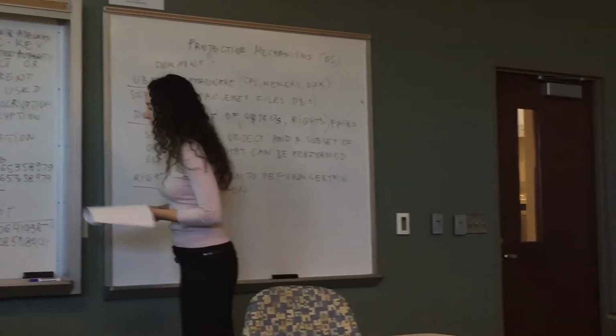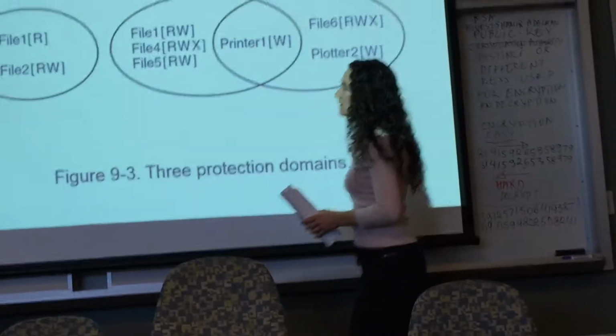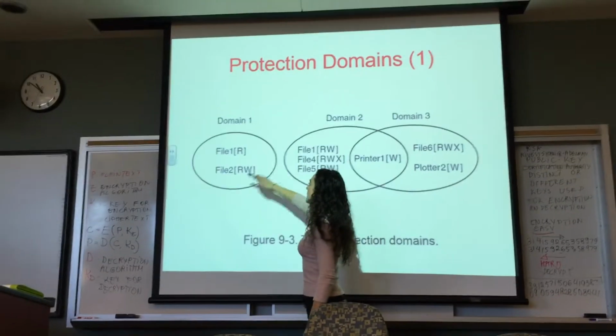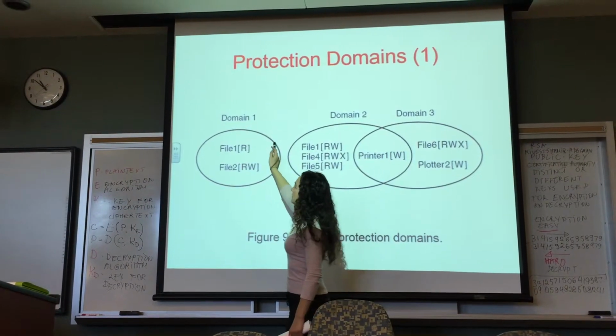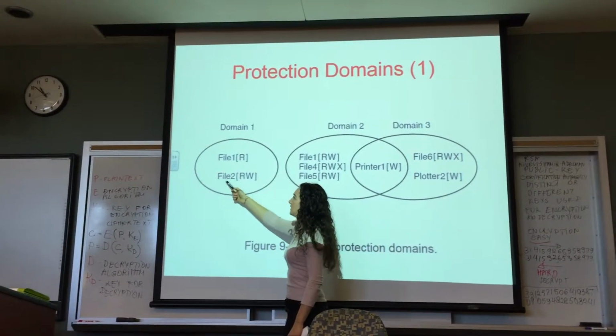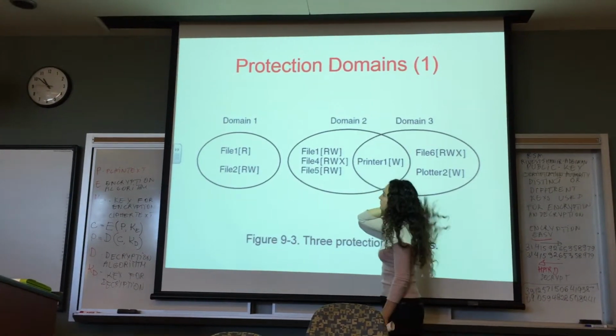At any instant of time, each process is running in a specific domain. So, for example, a process which is running in this first domain has read permissions to file 1 and has read and write permissions to file 2.